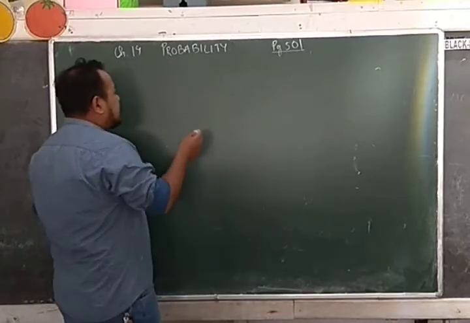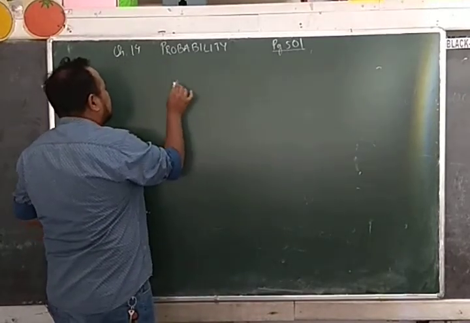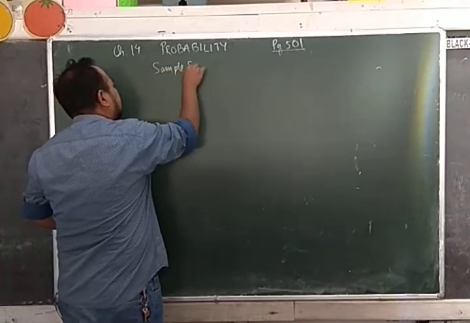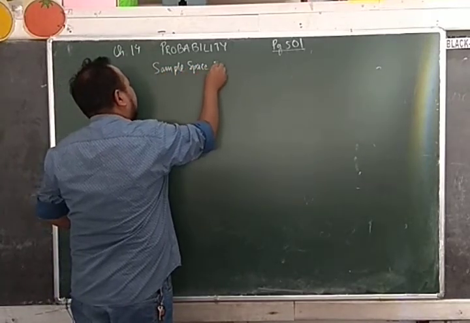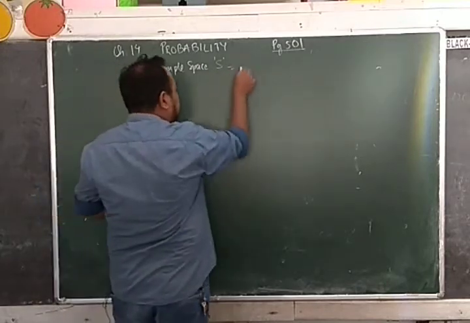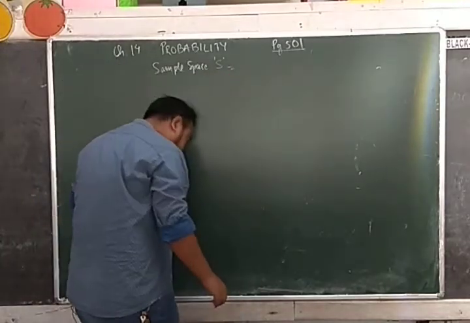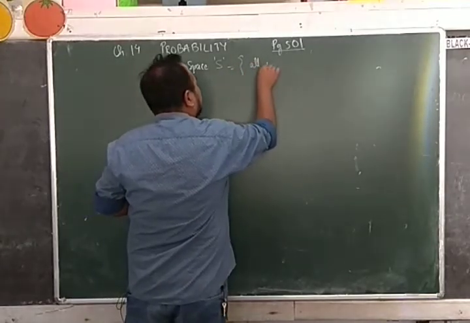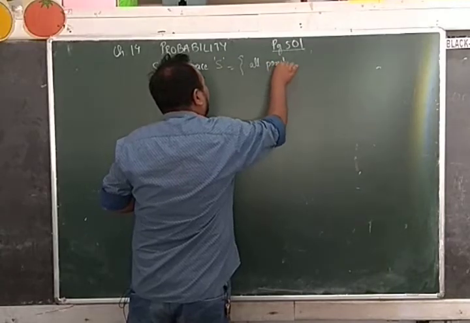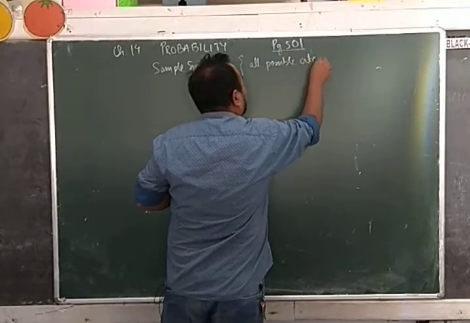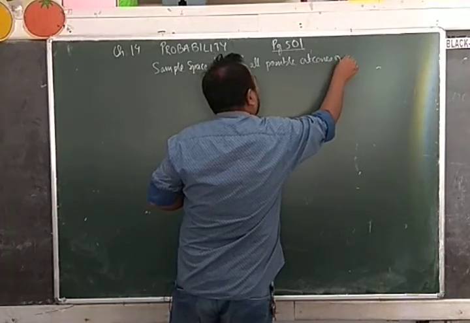Now, the first thing that we need to understand is the sample space. Sample space is denoted by capital S. It is a set, meaning a collection of well-defined distinct objects, of all possible outcomes or results.